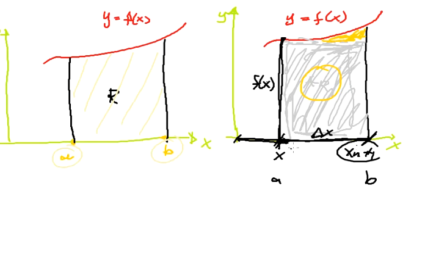By getting this approximated area, we have the height times this length, which is f of x times b minus a, or delta x.